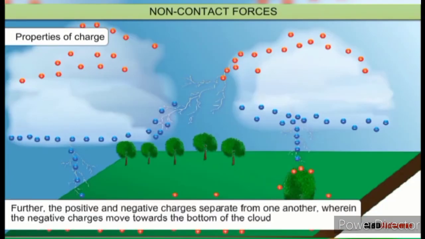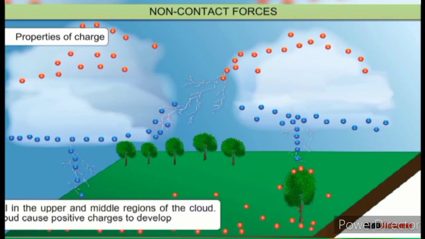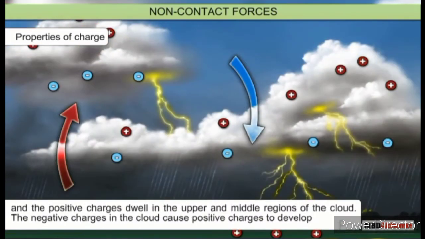Further, the positive and negative charges separate from one another, wherein the negative charges move towards the bottom of the cloud and the positive charges dwell in the upper and middle regions of the cloud.